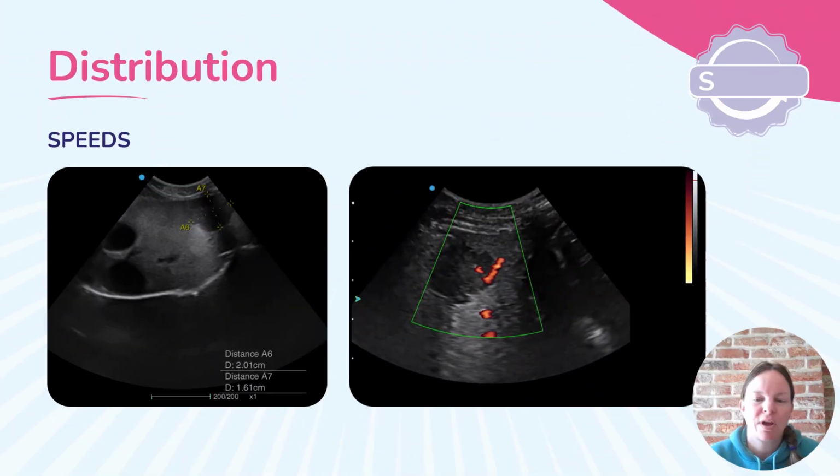So once you have found a focal or a multifocal area that's different in the liver, it's really important to describe that, and we just repeat using speed. So when it comes to these lesions that we've seen in our previous video here, we measure it.